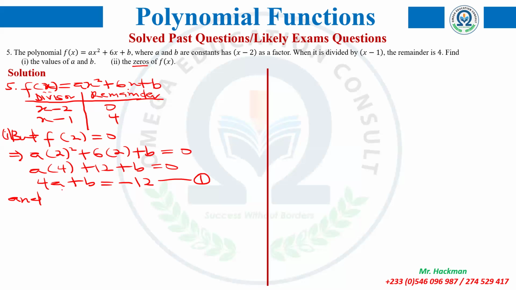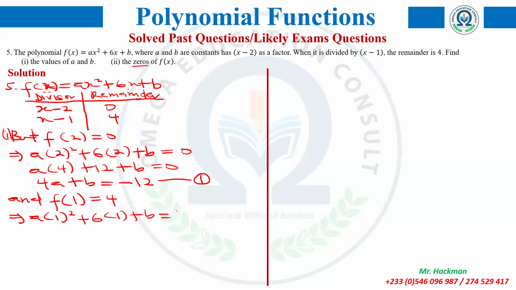Yes. Okay, f of what will give us 4? f of 1 will be equal to 4. So this implies that f of 1 means wherever you see x in f of x, you put 1 there. So it will be a into 1 squared, plus 6 into 1, then plus b.